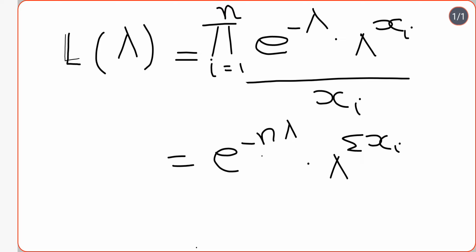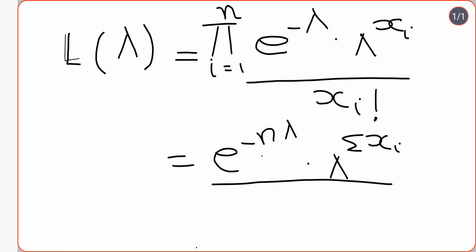Lambda is a parameter, so n is multiplied with lambda when we are taking the product. Xi is not a parameter, it's a variable, so that's why it takes a summation whenever we are taking the pi with the xi. And with this we also have xi factorial.